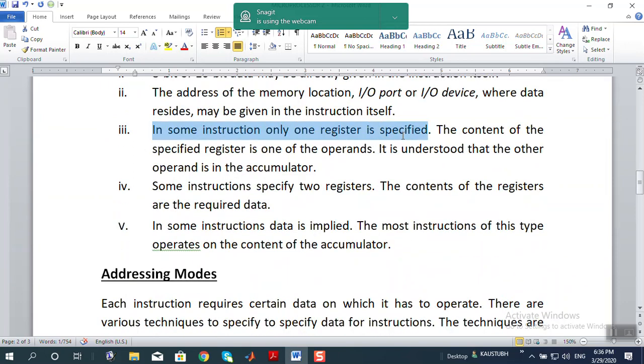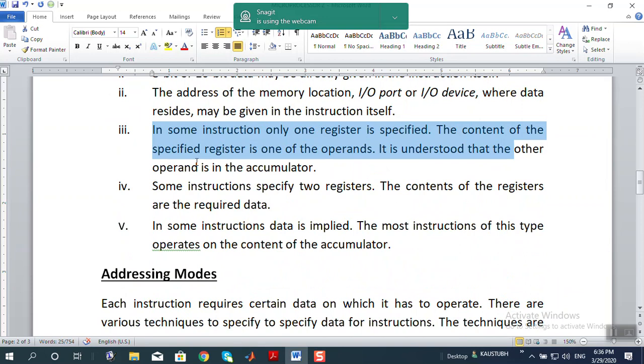In some instructions only a register is specified. The content of the specified register is one of the operands. It is understood that the other data is already there in the accumulator if it is an arithmetic operation. For example, ADD B. The meaning of this instruction ADD B is that it will add the content of register B. So where is your data?